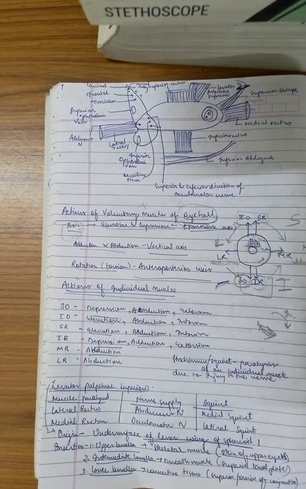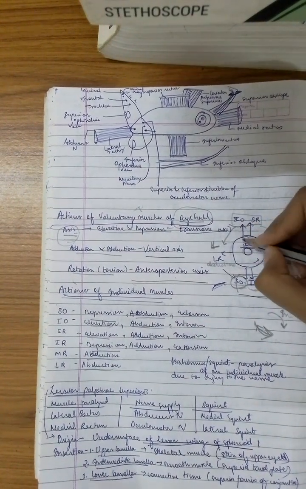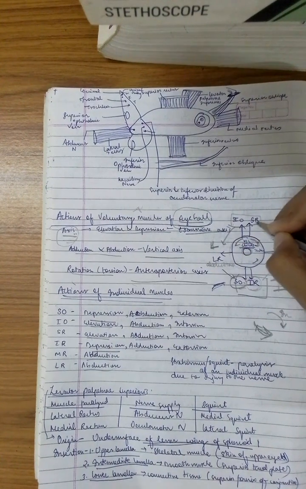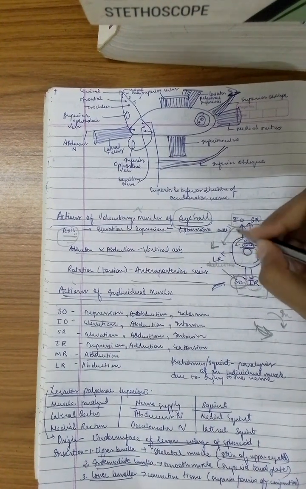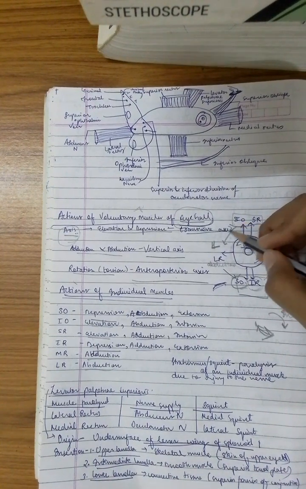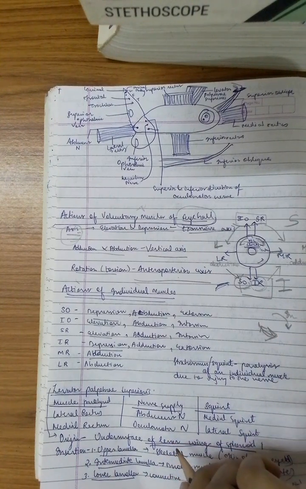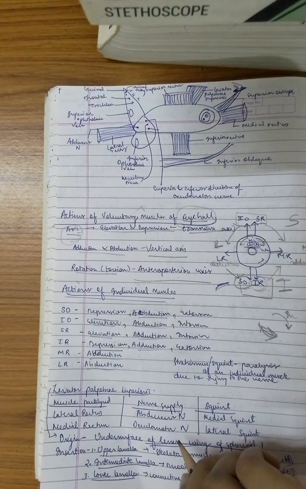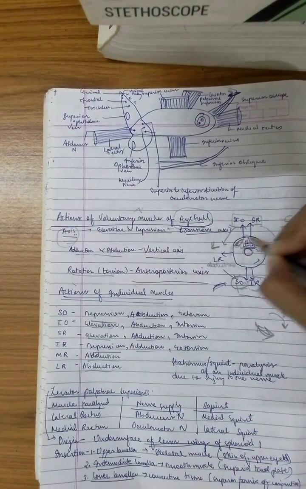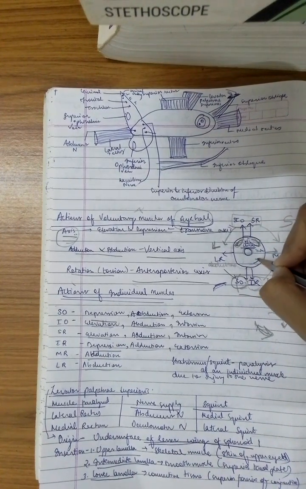Okay, so this is towards this side. This is towards this side. So superior rectus will be intorsion. Inferior rectus will be, inferior oblique will be extorsion. Okay. Sorry, what did I just write? This will be on this side and this is over this side.